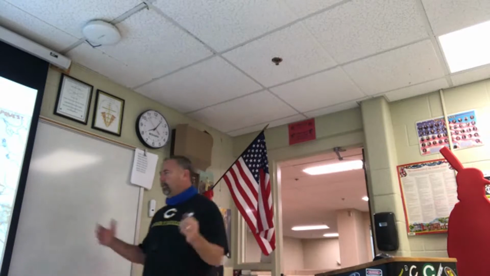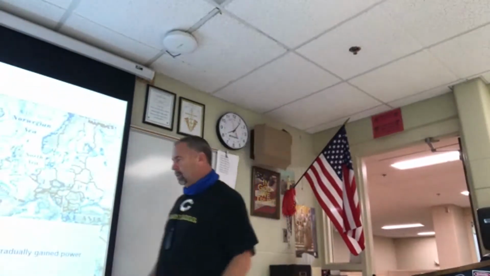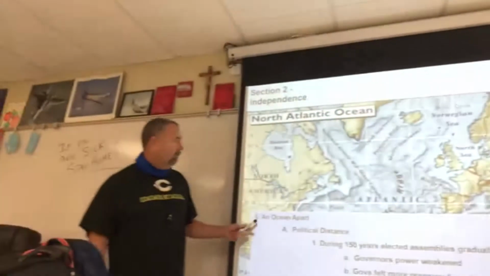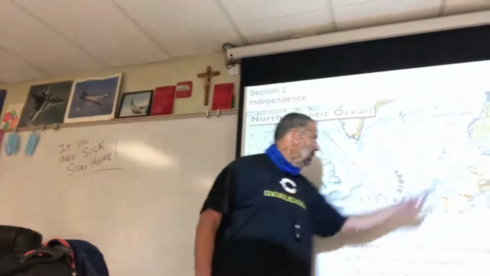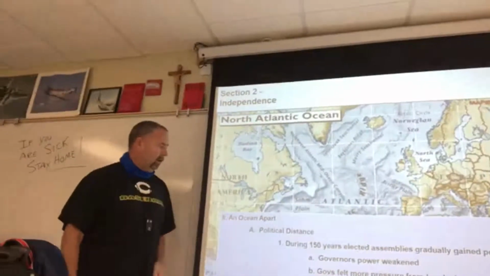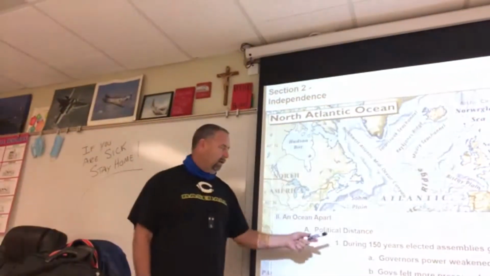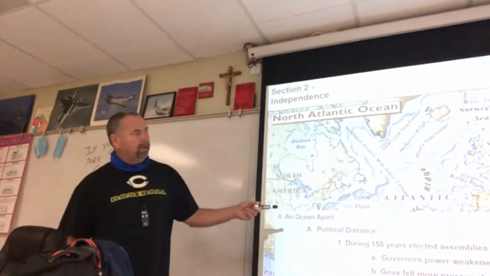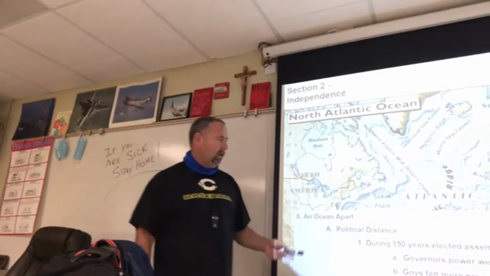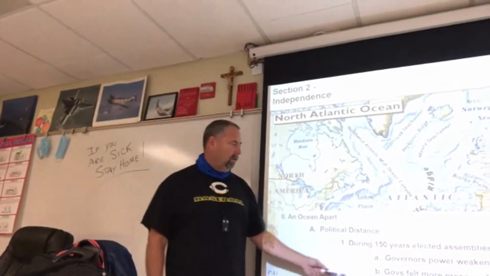All right, so for 150 years, this is just reinforcing what I've been talking about. An ocean apart, there's England, and here's the colonies over here. So over 150 years, those assemblies gradually gained powers, and governors' powers were weakened.